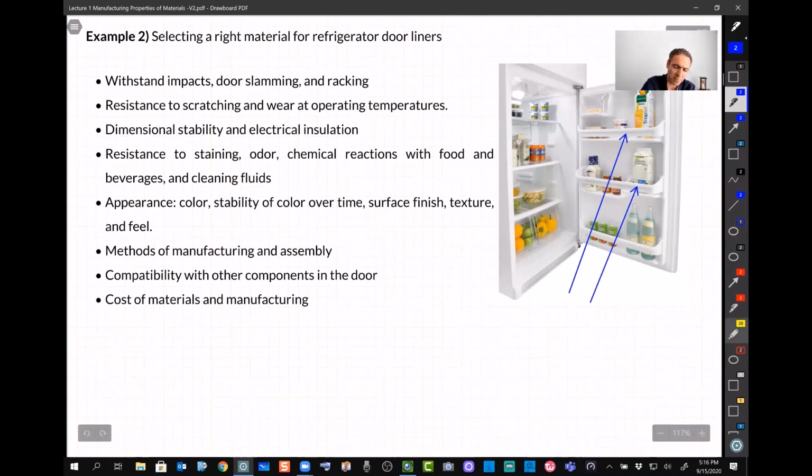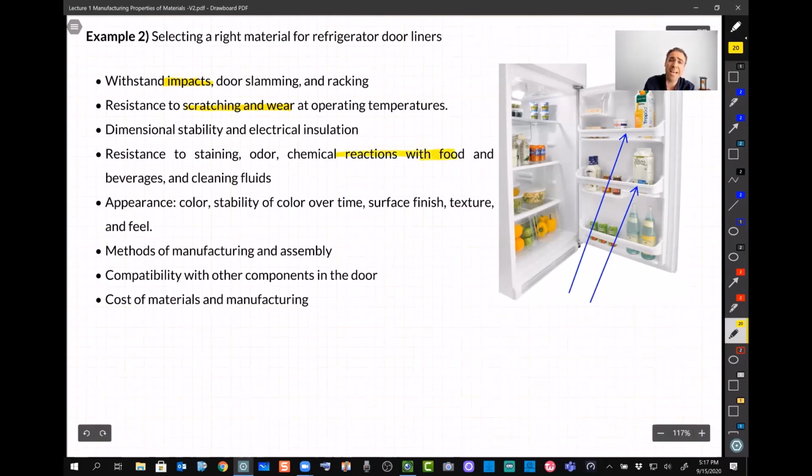So what do we expect from these liners? Well, to withstand impact. Why? Because you may be angry and slam the door, so you want the material to stand the impact. Scratching and wear, of course: you put a lot of things in there and remove them constantly and put them back again. So it's going to be scratch and wear, and many other things. For example, the reaction with food.